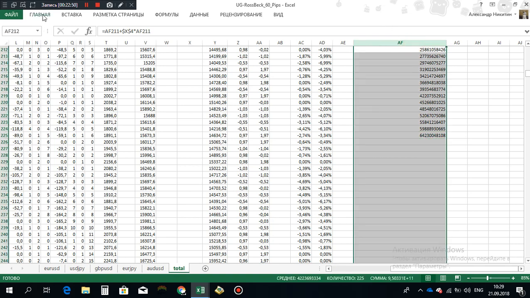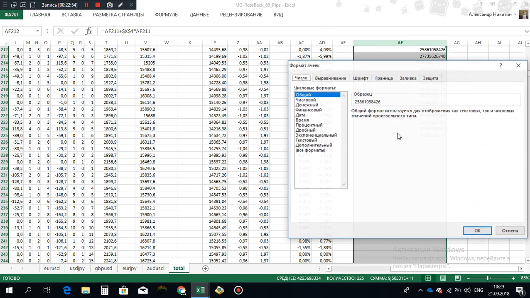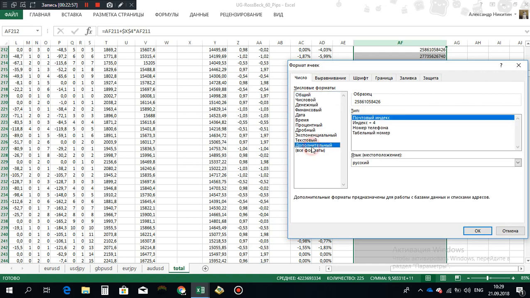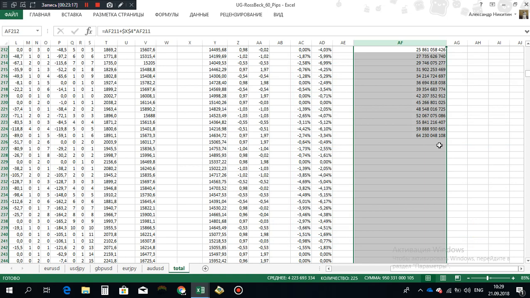So to see it better, let's format the cell. Go to format the cell, all formats, and let's change it to this. Okay, now it is easier to recognize, yes?